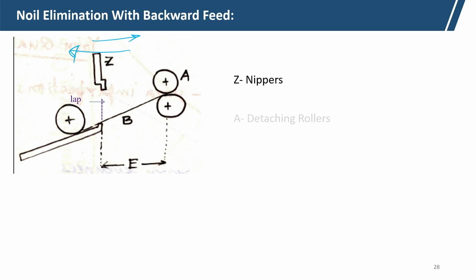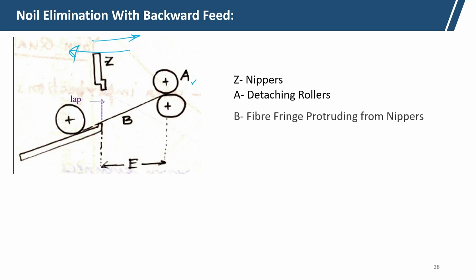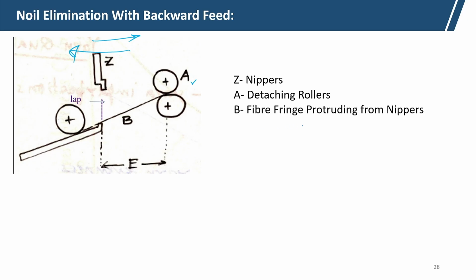Z is the nipper, A is the detaching roller, B is the total length of fiber fringe protruding from the nipper, and E is the detachment setting, which is the minimum distance between the detaching roller and the nipper line. The nipper moves up to this point, so that is the minimum distance.